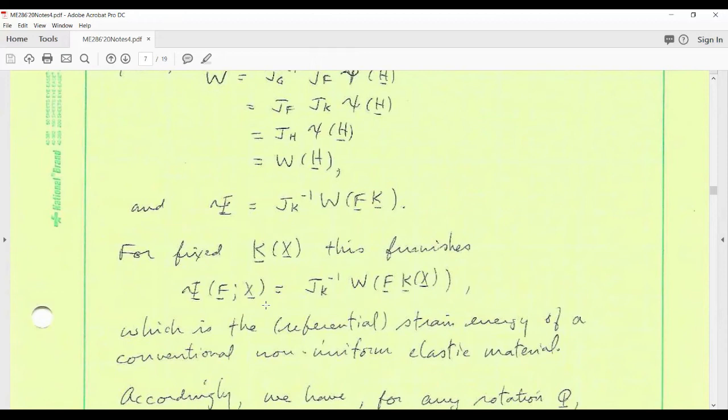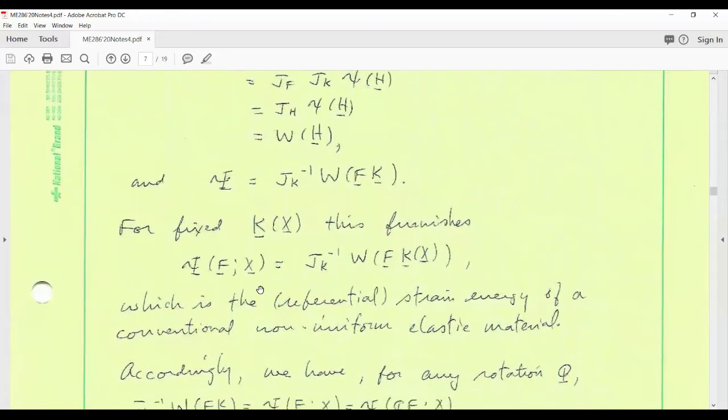So you can think of a fixed plastic deformation as producing a conventional elastic referential strain energy function, which, however, is different for different material points because of the explicit x dependence. And we allowed that possibility in our earlier discussion of nonlinear elasticity. That theory was set up to handle this possibility of a non-uniform psi, if you look back in your notes.